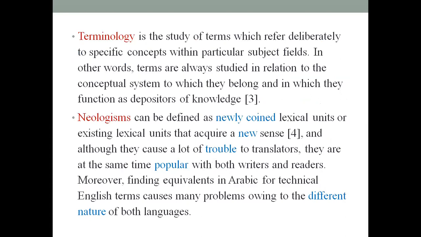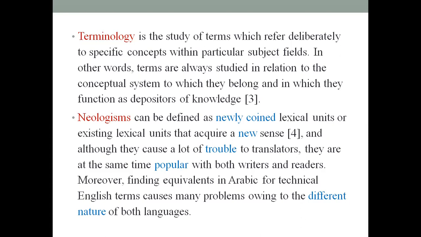Now, terminology is the study of terms. So all the definitions of terminology are related to scientific study, or the study of terms, concepts, and specialized words that are related to a specific scientific field.